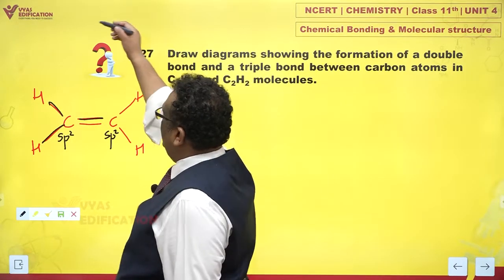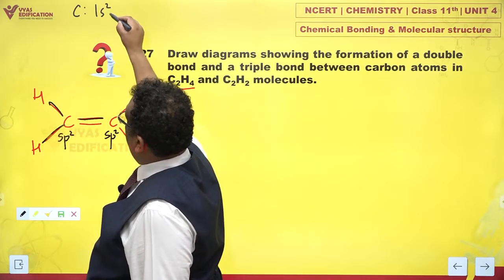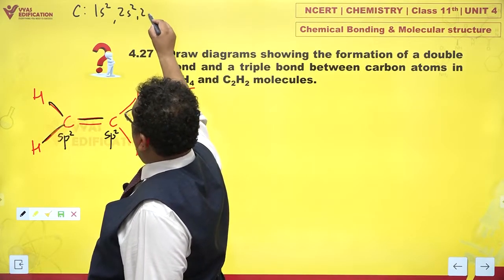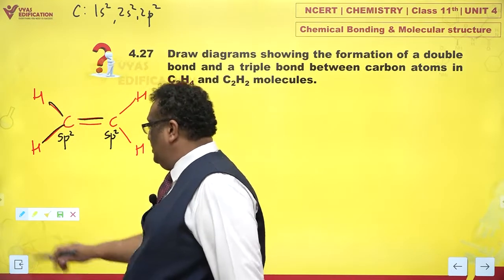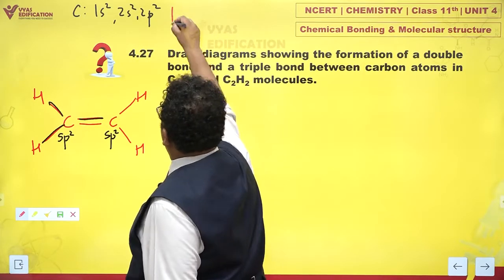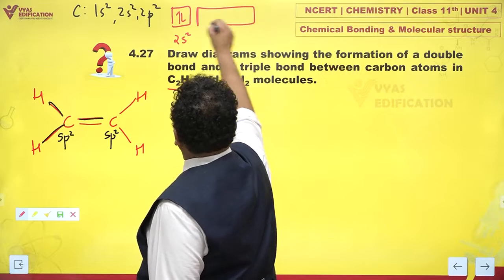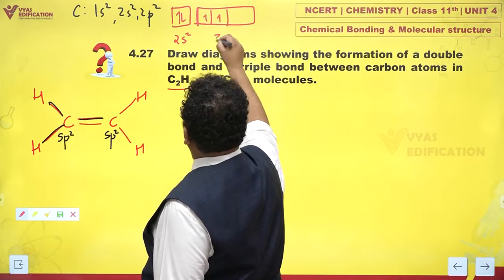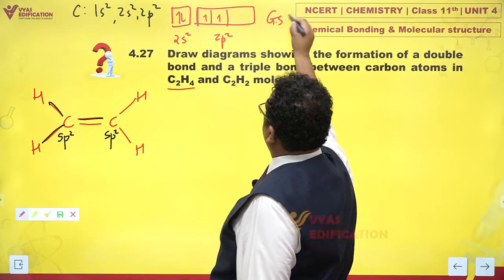If you just look at carbon's electronic configuration, carbon is 1s2, 2s2, 2p2. In ground state, the configuration should look like this. 2s2, 2p2. This is ground state.